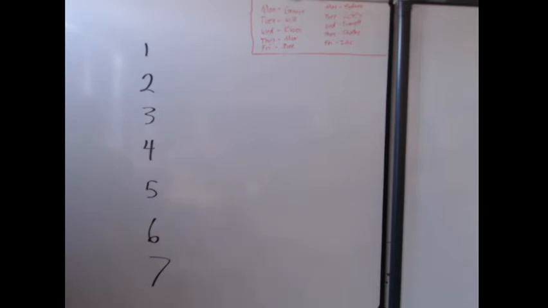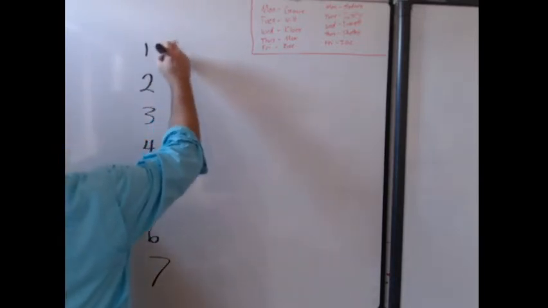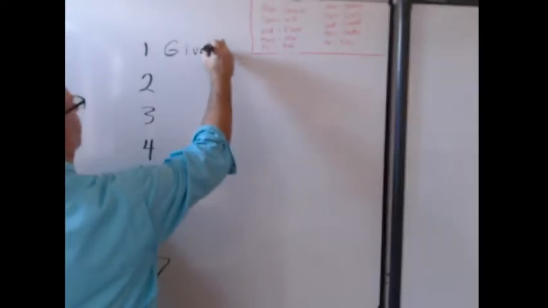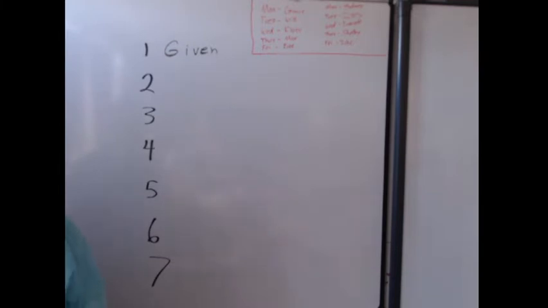Now, I'm going to give you some of these at the beginning, just to give them to you so that you understand that's what they're looking for, all right? So, on number 1, the reasons are always given. Under reasons, line 1, it is always given. Okay? Number 2.